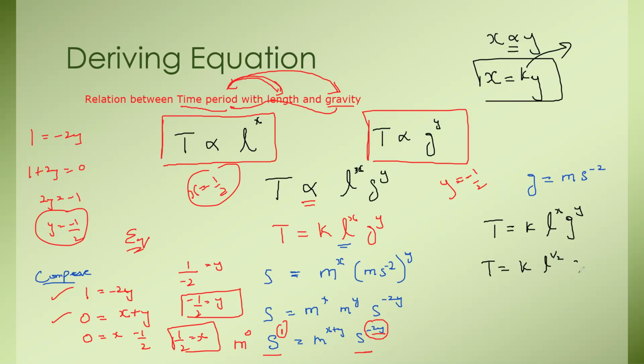And the value of y is minus half, minus 1 by 2. If I move this to the denominator and simplify, it will be L raised to power half and g raised to power half in the denominator. What is the meaning of the term half? It means square root. So I can say T is equal to k under root L divided by under root g.